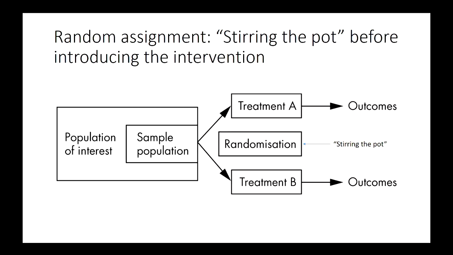Or people who are taking exams will be more likely to be in this group than in this group. That's not random assignment. So each person does not have an equal chance of being in either of these groups. So randomization is like stirring the pot, before you break them up into the two groups.